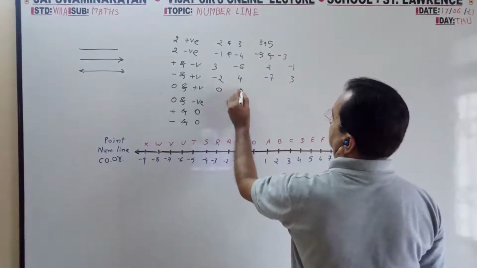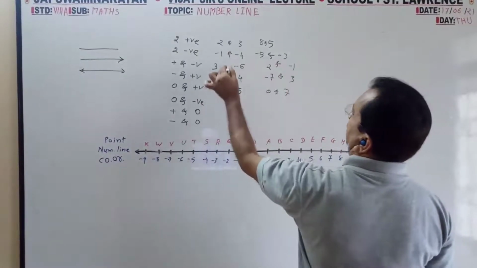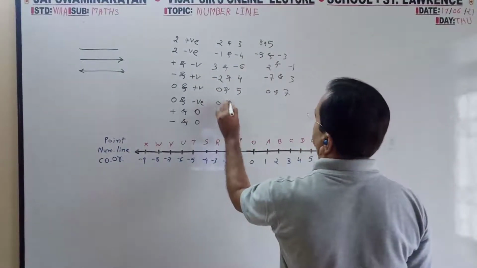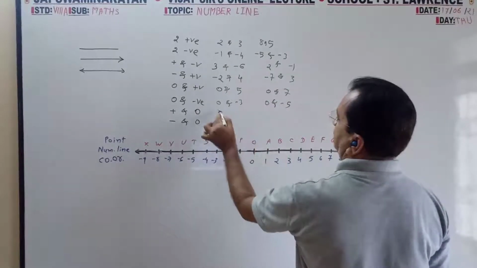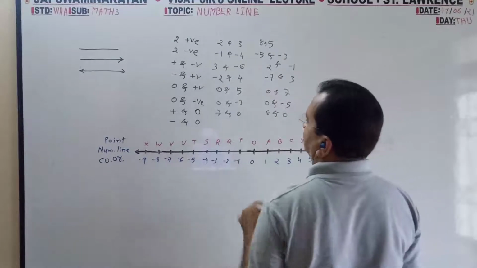Zero and positive. You have to check which is larger, which is smaller. Zero, negative. Positive and 0. Negative and 0.